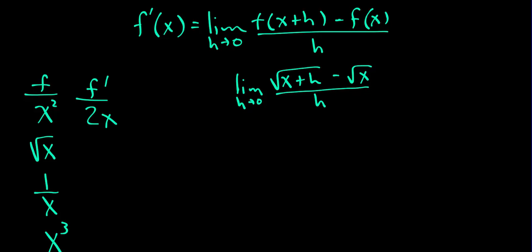Okay, now remember we had a trick for this. Remember what that was? Yeah, you want to find the conjugate. Yeah, I got you. I knew what you were talking about.